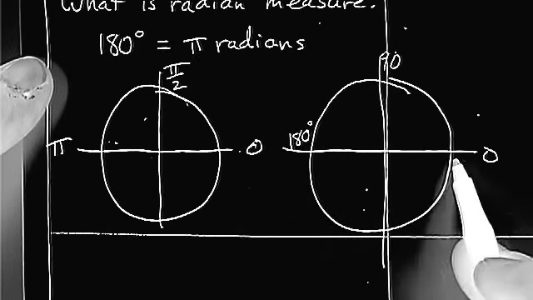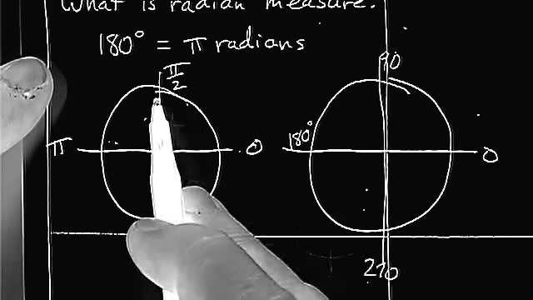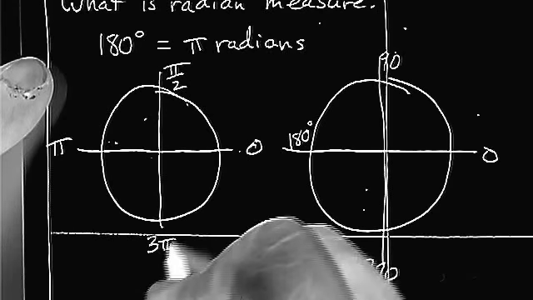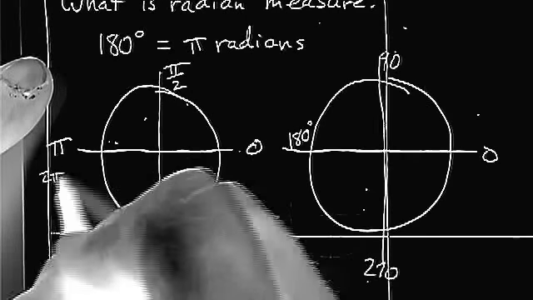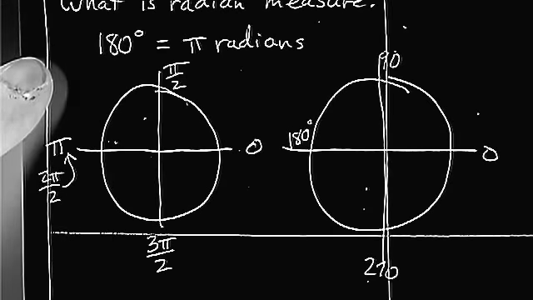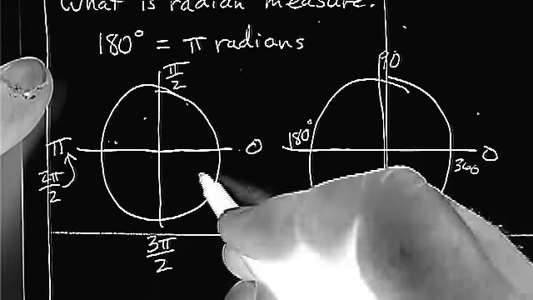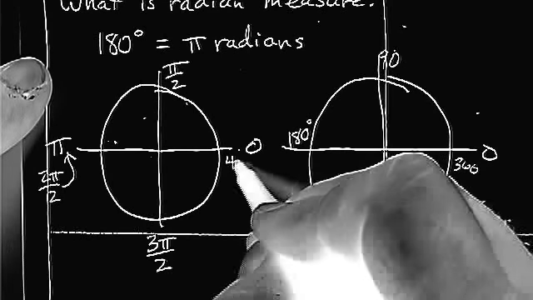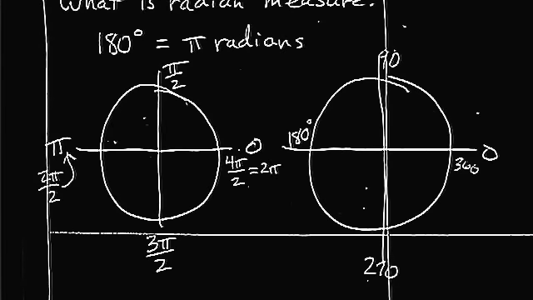And this would be 270. That would be 1 pi over 2, 2 pi over 2, 3 pi over 2. Yes, I know, 2 pi over 2 reduces to just pi. 360, back to the beginning, would be 1 pi over 2, 2 pi over 2, 3 pi over 2, 4 pi over 2, which is the same thing as 2 pi.